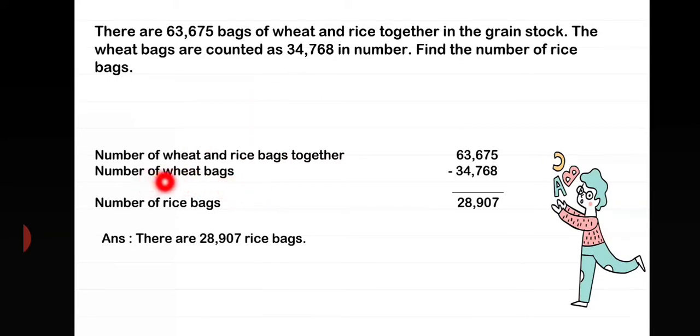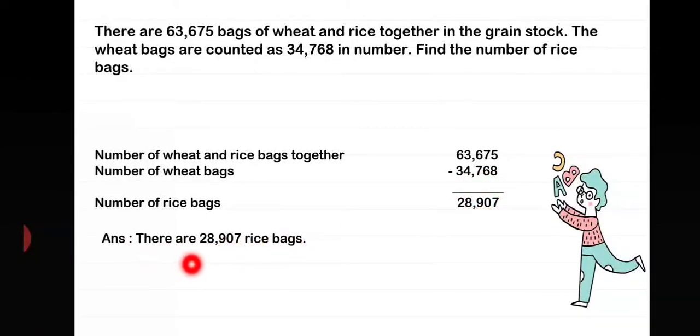So number of wheat and rice bags together, that is 63,675, and number of wheat bags, that is 34,768. When I subtract these two, I get another number, and that will be the number of rice bags in the godown. So this is the answer.